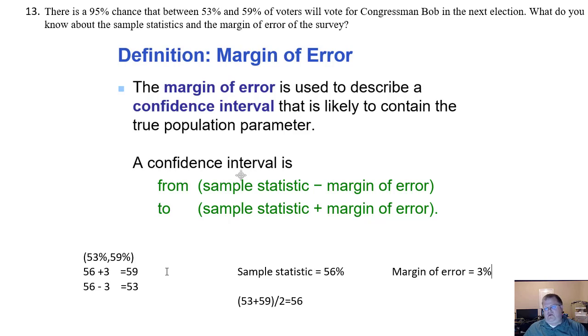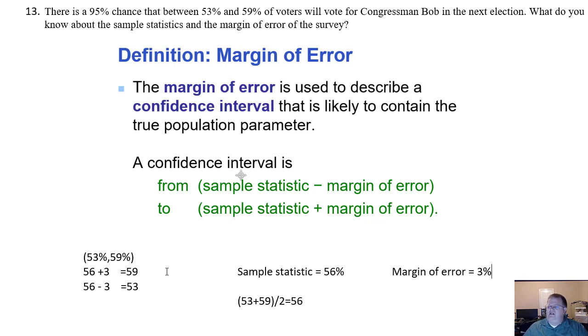I talk to really rich people, really poor people, I talk to majority, minority, and I get a real good sample as far as what's out there in the population, and I ask this question of them, that can give me an estimate of what the population is going to think. So that sample statistic merely means that the 100 people I talked to, 56% said they will vote.